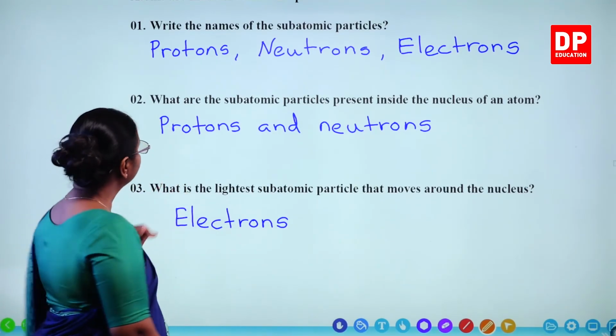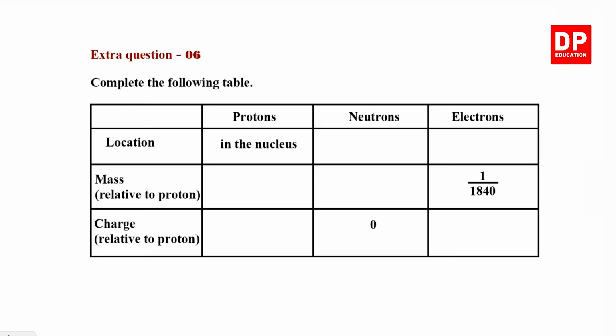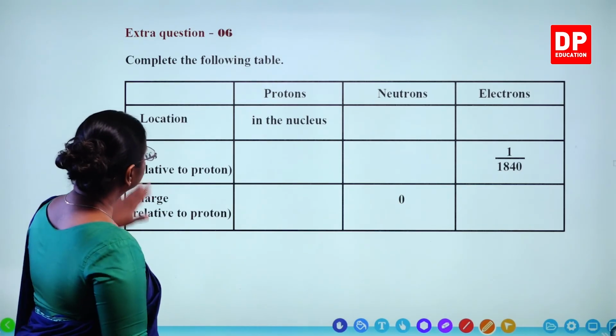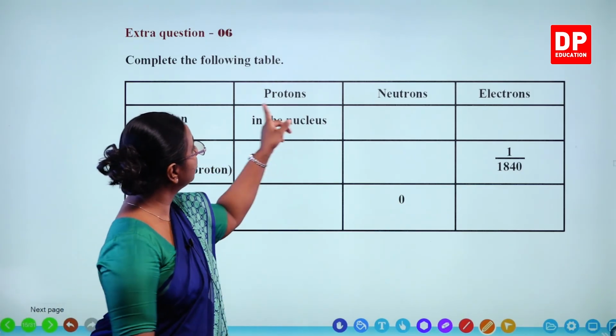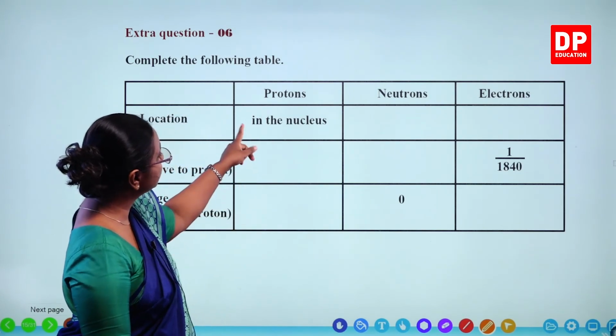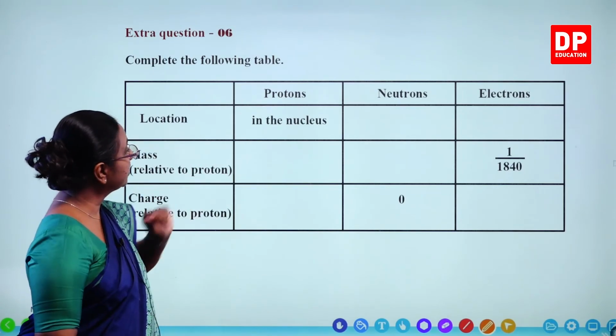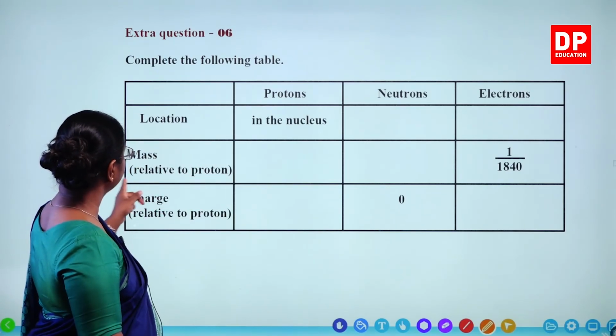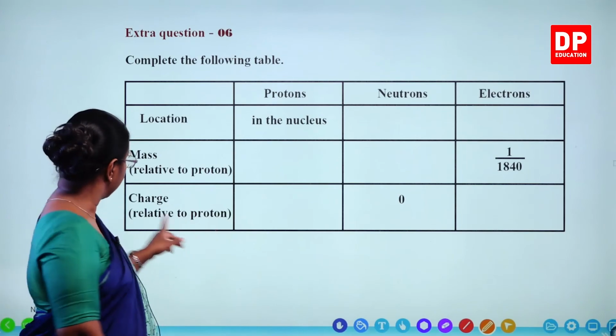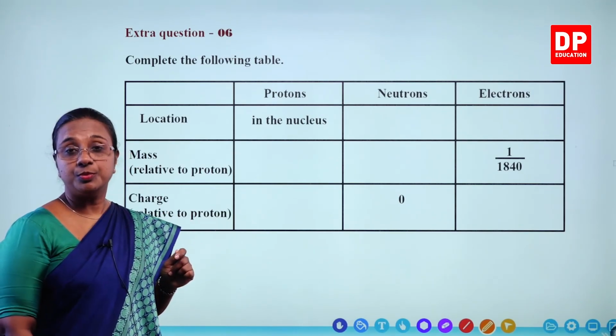So with that, we will move on to the next question, extra question 6. So here you need to complete the following table. So as you can see, in the first row, they have given the subatomic particles, protons, neutrons and electrons. And here, first one is to fill up location, then the mass relative to proton and the charge relative to proton.